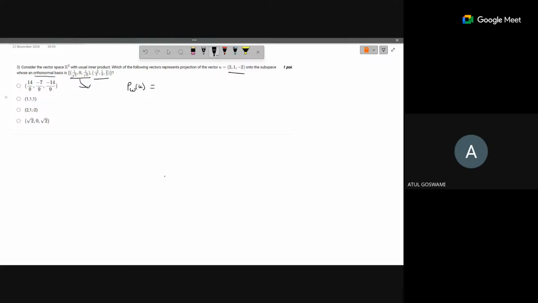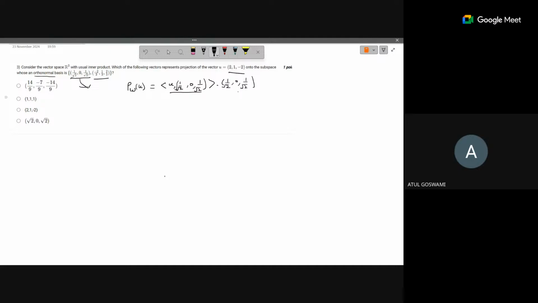For the first one, I will take the inner product of this u, which is given here, with this vector, 1 by root 2 comma 0 comma 1 by root 2, and then we will multiply by this vector. Suppose I take the whole vector, like 2 comma 0, just take the inner product and multiply with this vector.